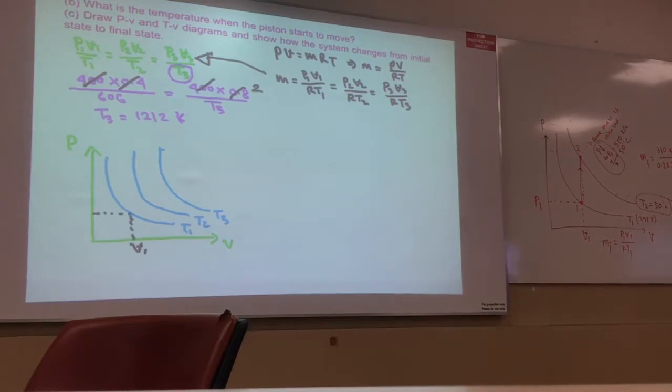This is V1, this is P1, this is state 1. So 1 to 2 it goes by a constant volume process, right? Then 2 to 3 is a constant pressure process.